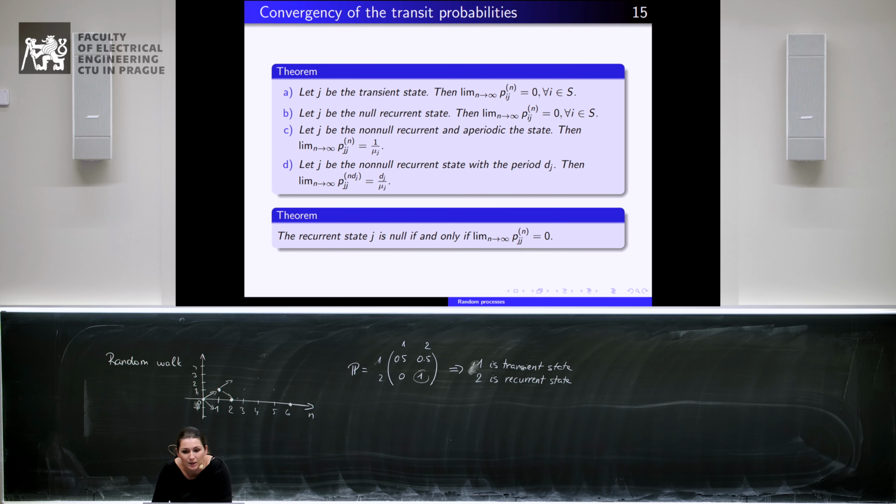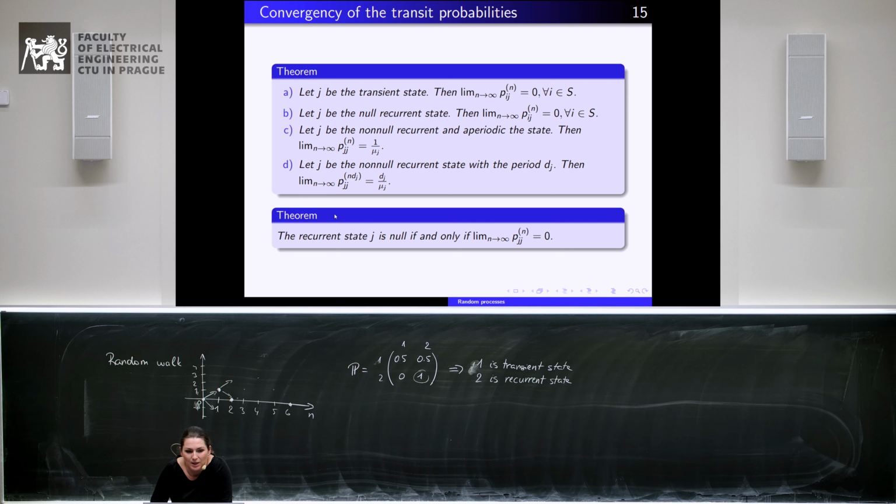But let's skip this special situation and just talk about the connection of the state classification with the stationarity and with the limit probabilities.